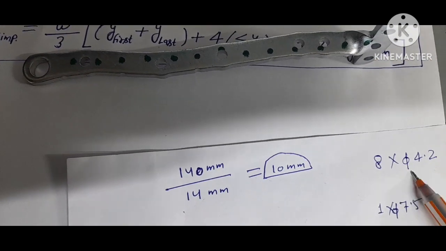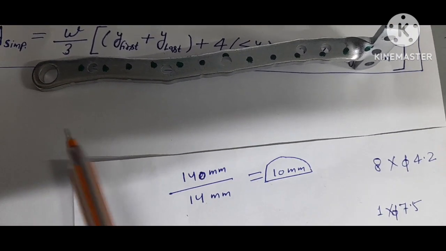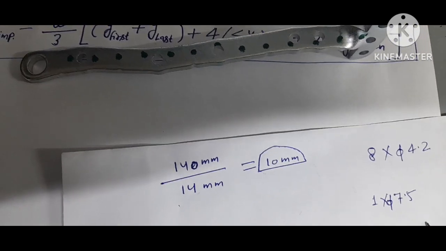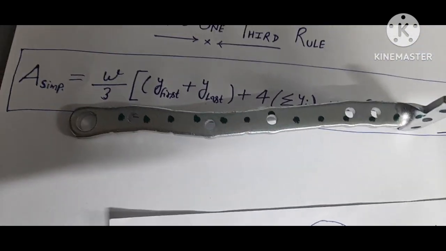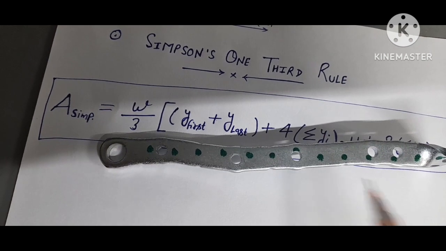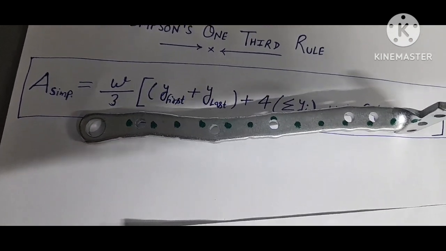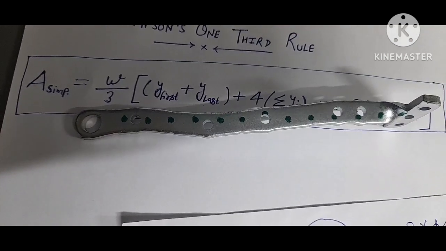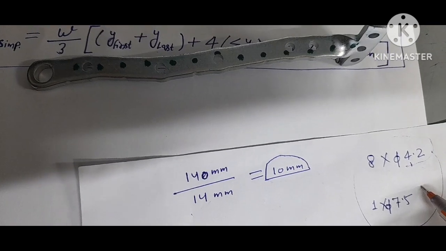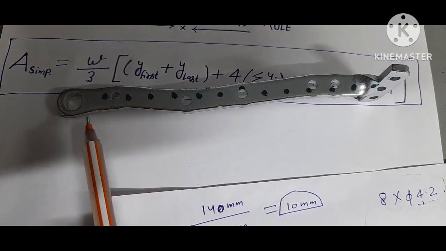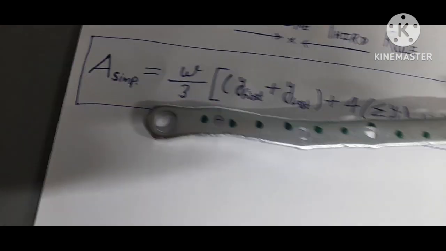So 8 holes of 4.2 mm diameter and one bigger hole of 7.5 mm diameter. So after calculating all the area, we need to subtract the areas of the small holes and the bigger hole.